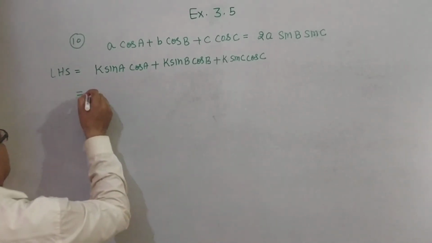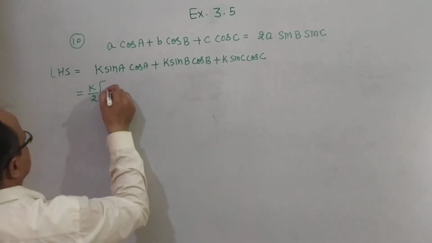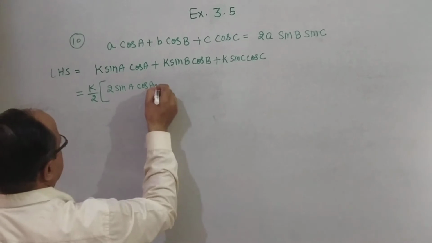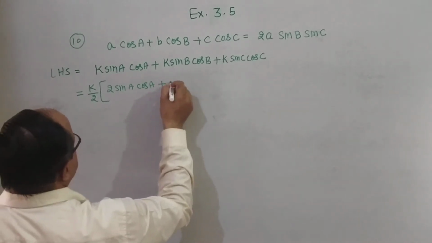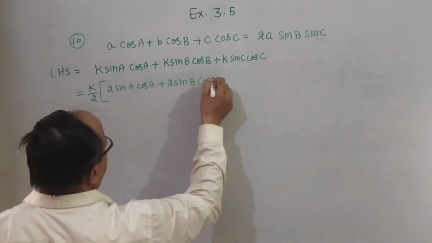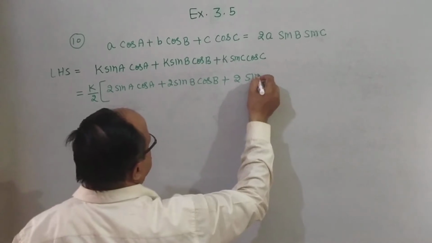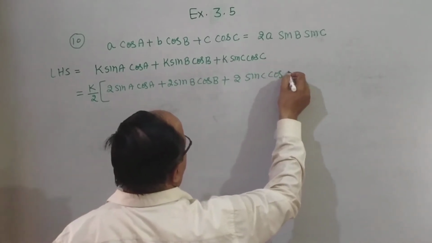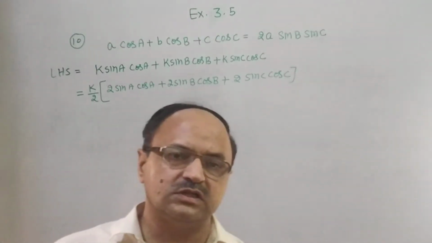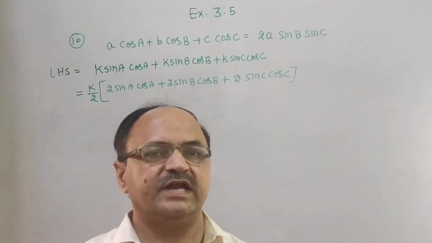Now take common k and multiply and divide by 2: 2 sin A cos A plus 2 sin B cos B plus 2 sin C cos C. Firstly take common k, then multiply and divide by 2.